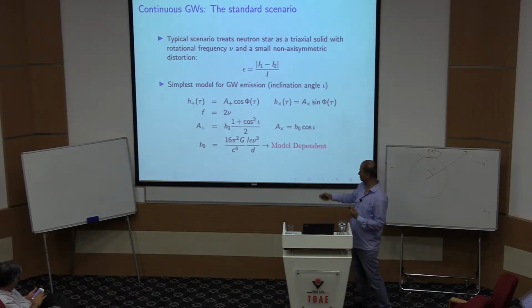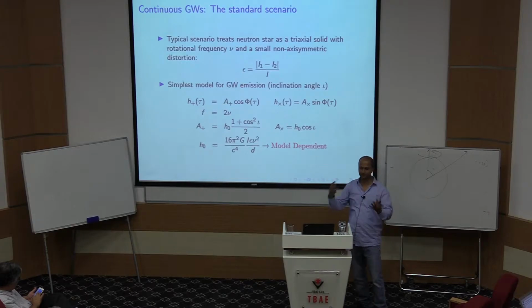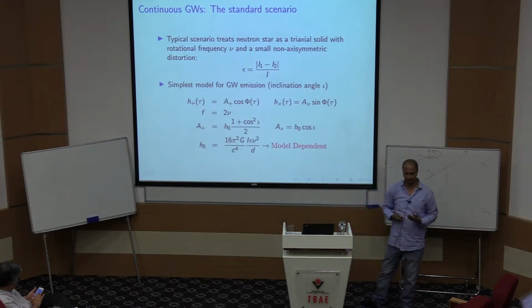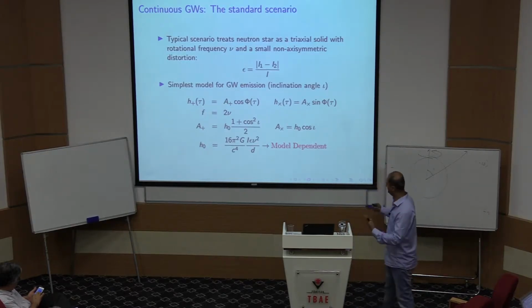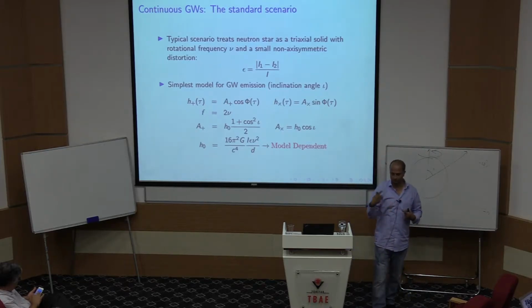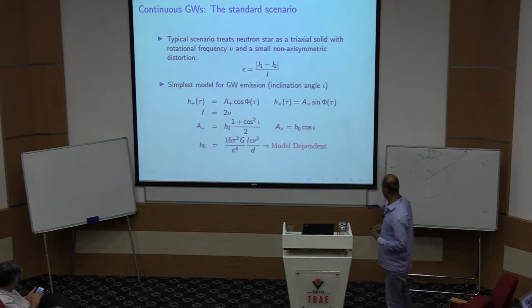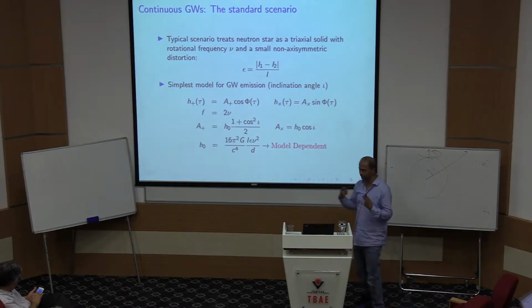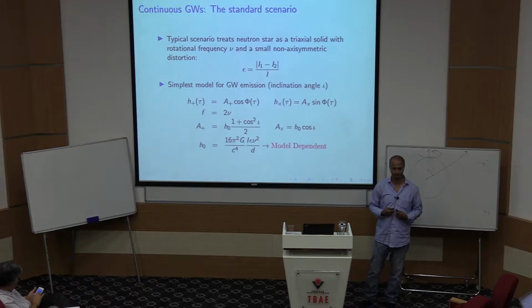If cos iota is 0, that's on the plane, this is 0 and that is some non-zero number. Anywhere in between, you get elliptically polarized signals. So it's a very simple model, and the phase here is just the rotational phase of the neutron star. A measurement of such a signal will tell us how deformed a neutron star can be.